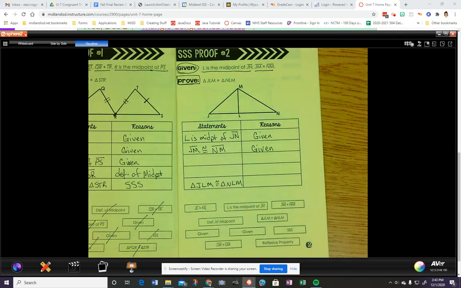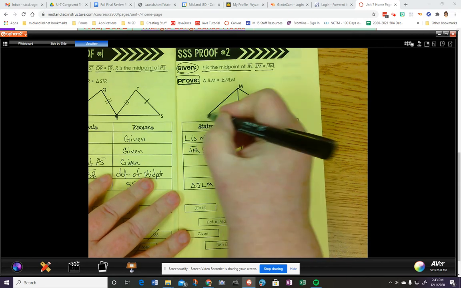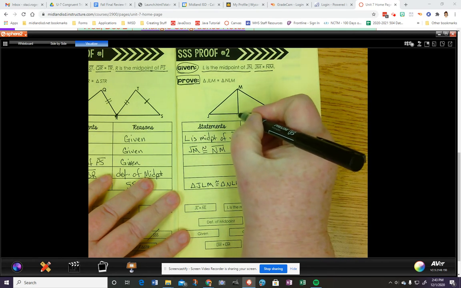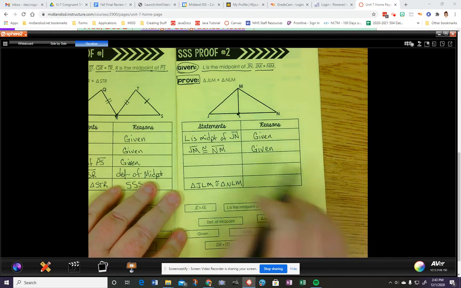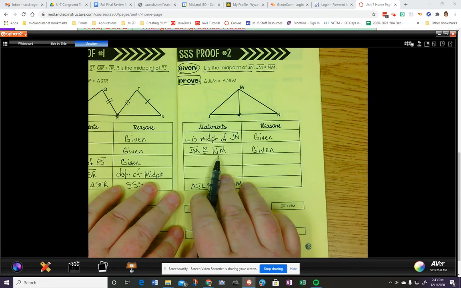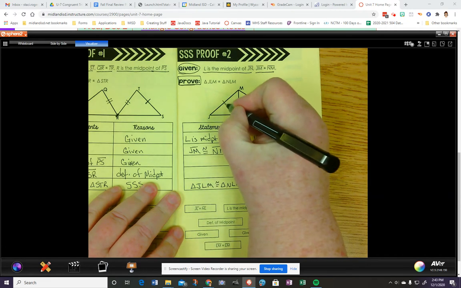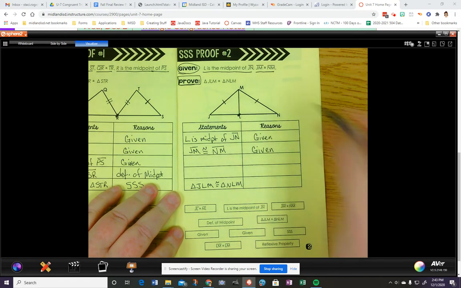Let's mark our triangle. L is the midpoint of JN, so here's L, put a dot on it. JM is congruent to NM, so put a slash on JM, congruent to NM.